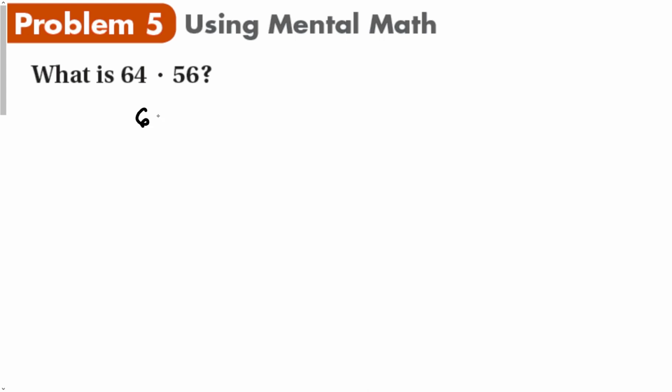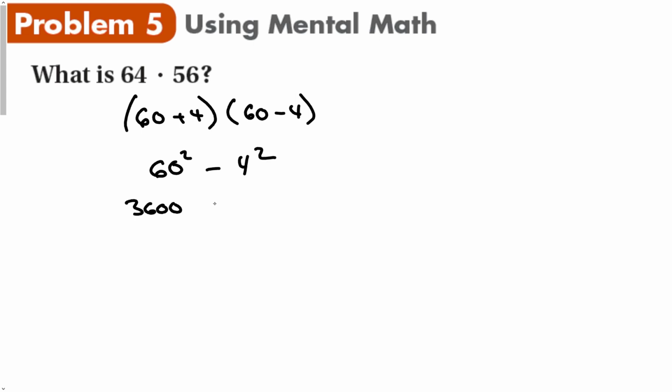So I could do 60 plus 4 times 60 minus 4, which would be 60 squared minus 4 squared. 60 squared is 3600 minus 16 to give me 3584.